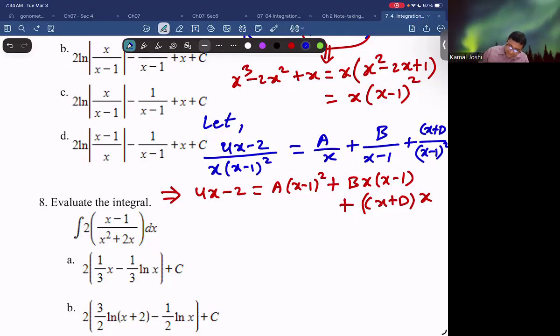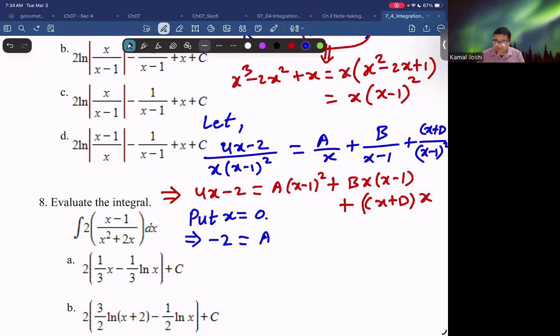Okay. For example, put x equal to 0, let's say. That's one obvious choice. And that is going to give you minus 2 equals a, since 0 minus 1 is minus 1 whole squared will be 1.